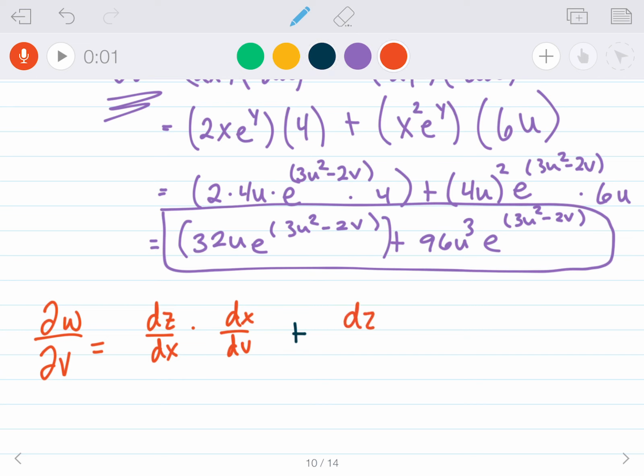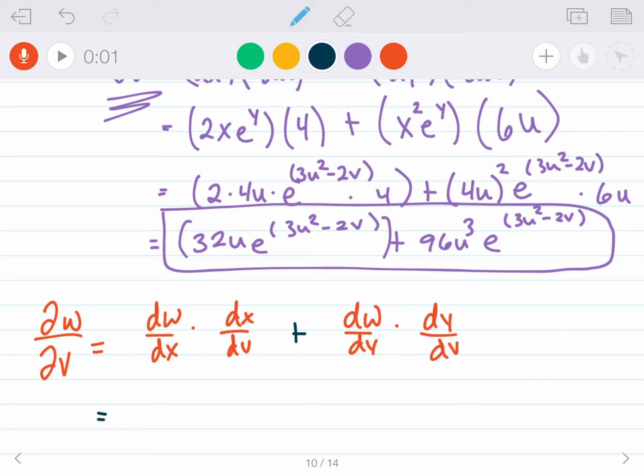So dw dy times a y that involves v, so dy dv. Sorry, this should not be z, this should be w, that is our dependent variable there. So you can see dw dv right there, and dw dv right here. That's how you know they're in the right spots.